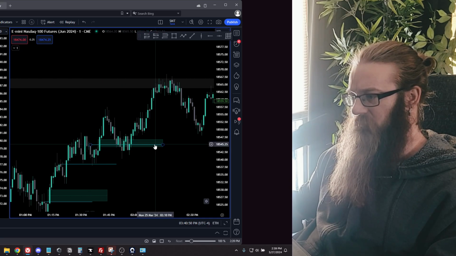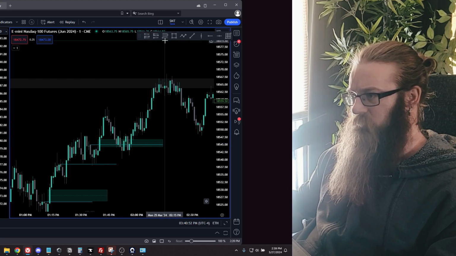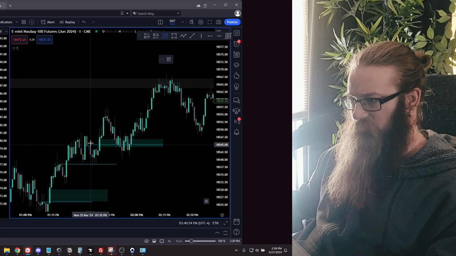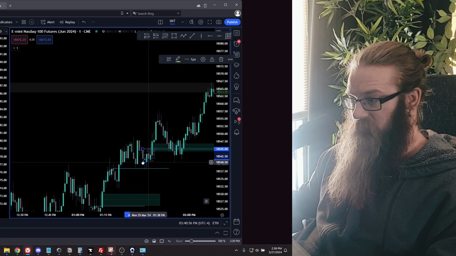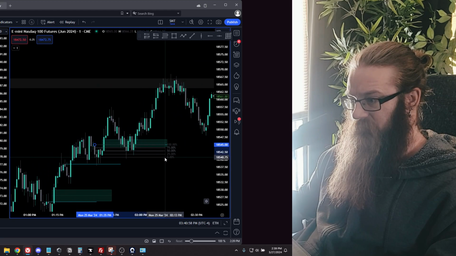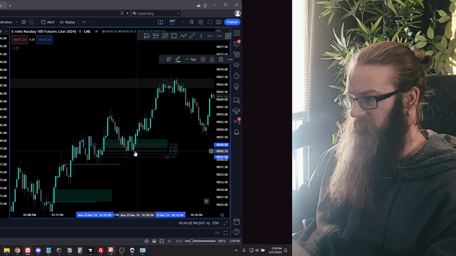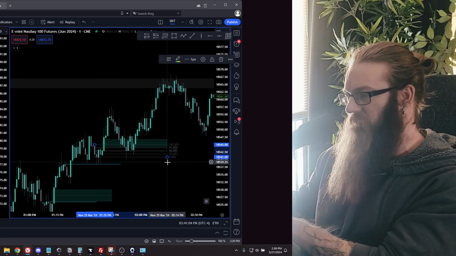So this could be the order block. And that was respected by the bodies. There, respected right along the 50% level, the mean threshold of that order block.